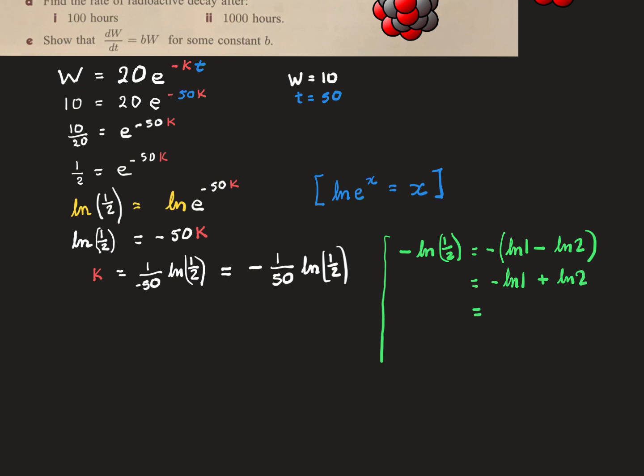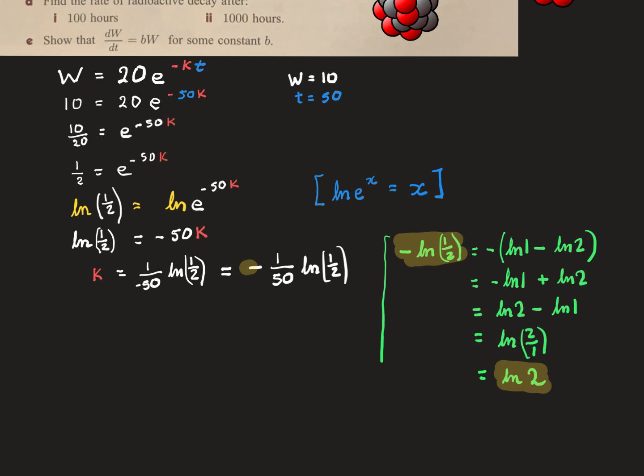To make it look better, I will start with ln2 minus ln1. Now, according to our law, that really means that it's ln2 over 1, which really can be very succinctly said as to be ln2. So all the way from minus ln a half, we ended up with ln2.